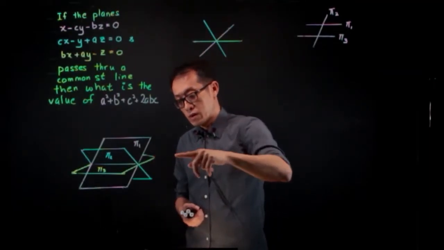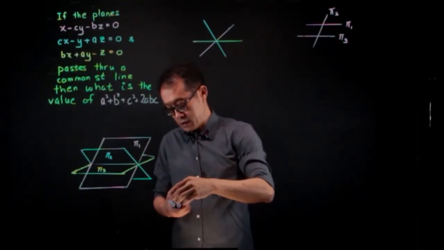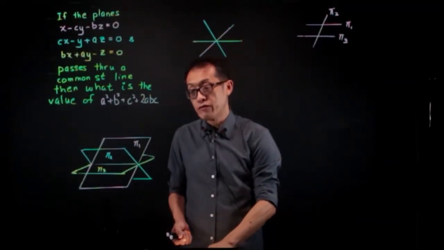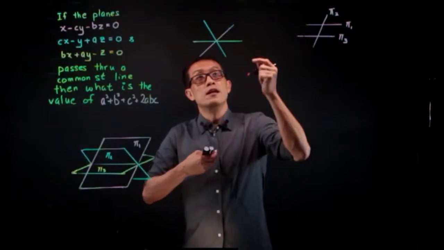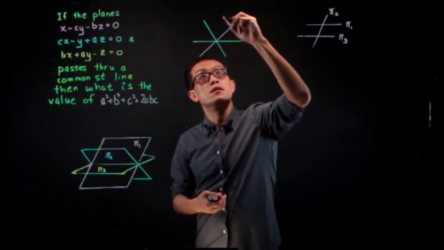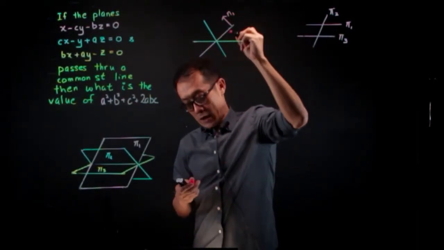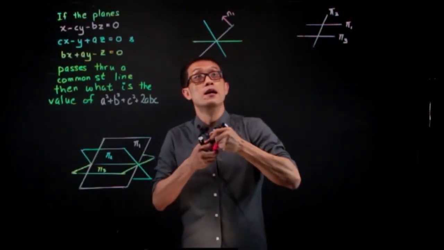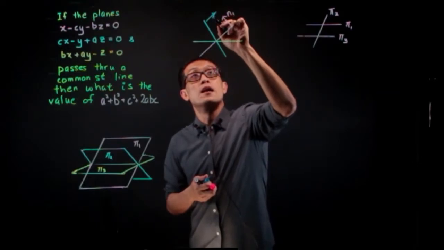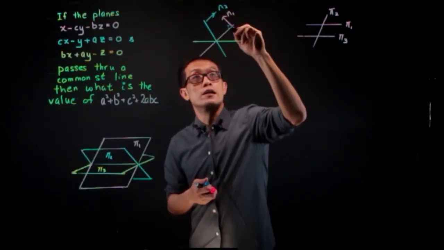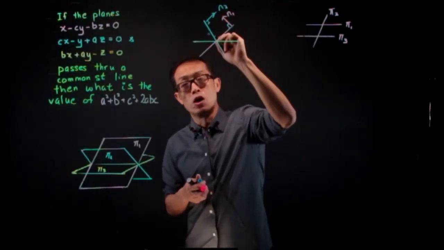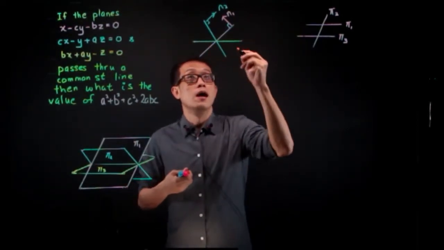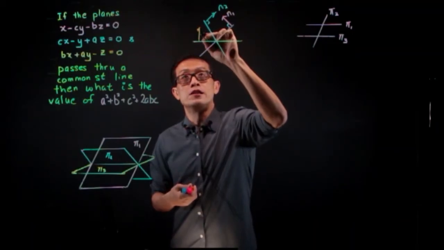Let's call this the normal of the first plane, N1. And this is N2. This is 90 degrees because it's normal. And this is N3.